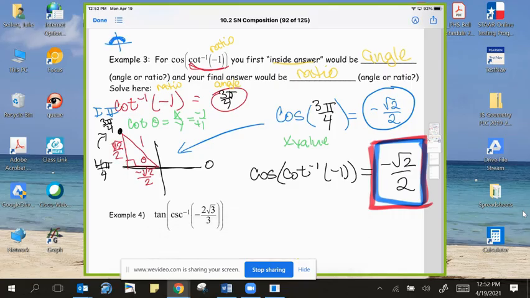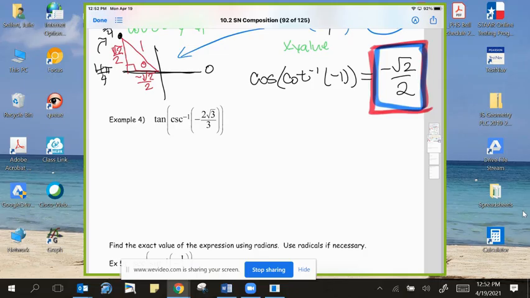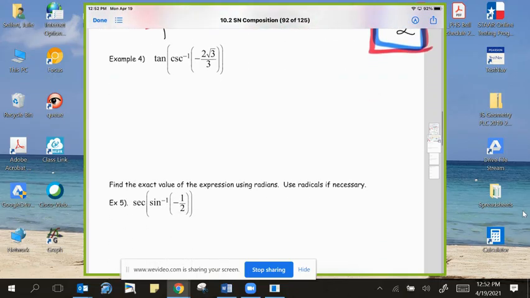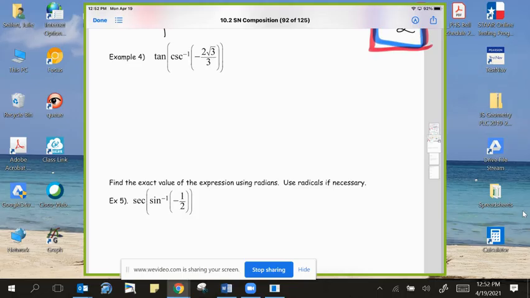All right, let's look at example 4. What part of this do we do first?